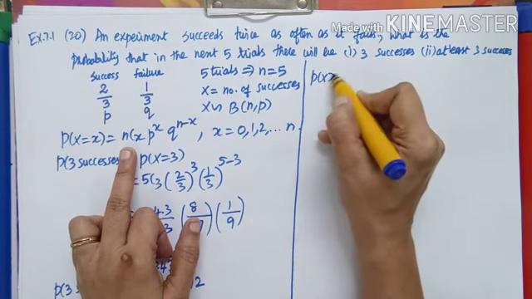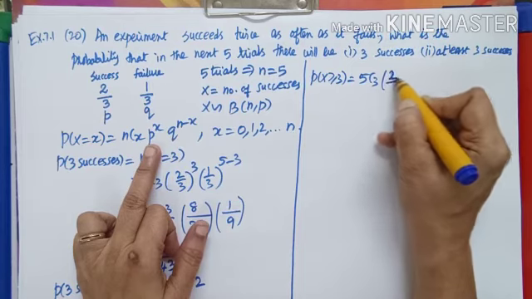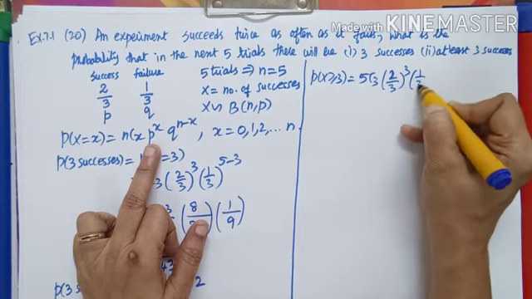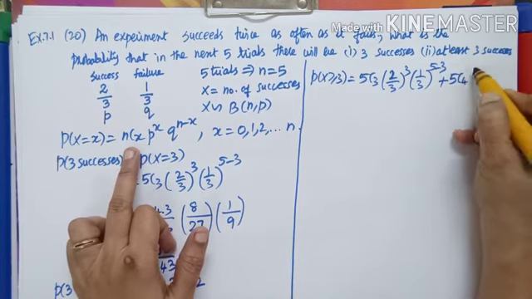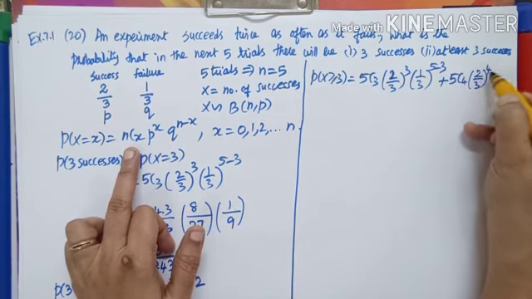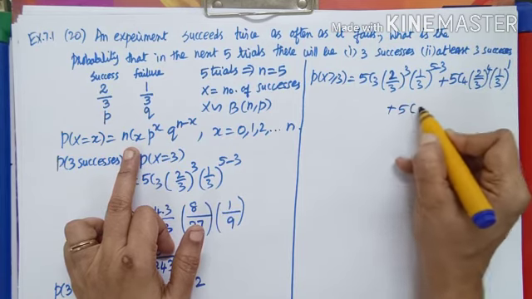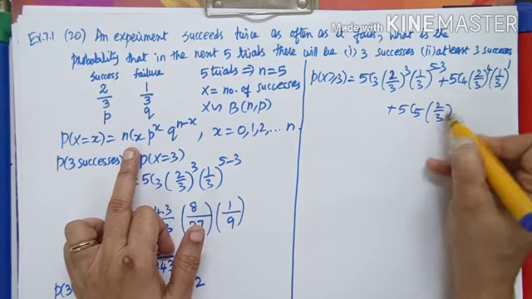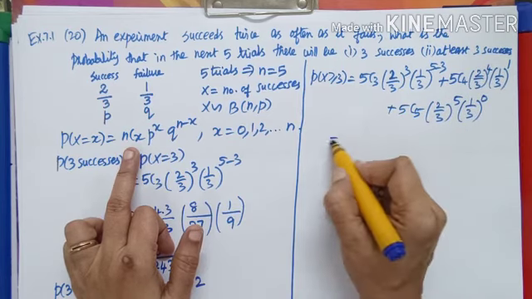nCx: 5C3, 2 by 3 power 3, 1 by 3 power 5 minus 3. 5C4, now 2 by 3 power 4, 1 by 3 power 5 minus 4, which is 1. 5C5, 2 by 3 power 5, 1 by 3 power 5 minus 5, which is 0.